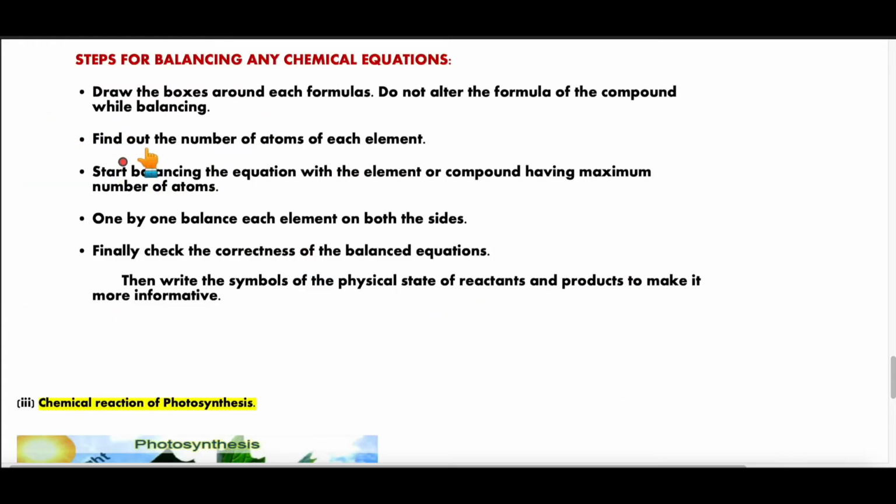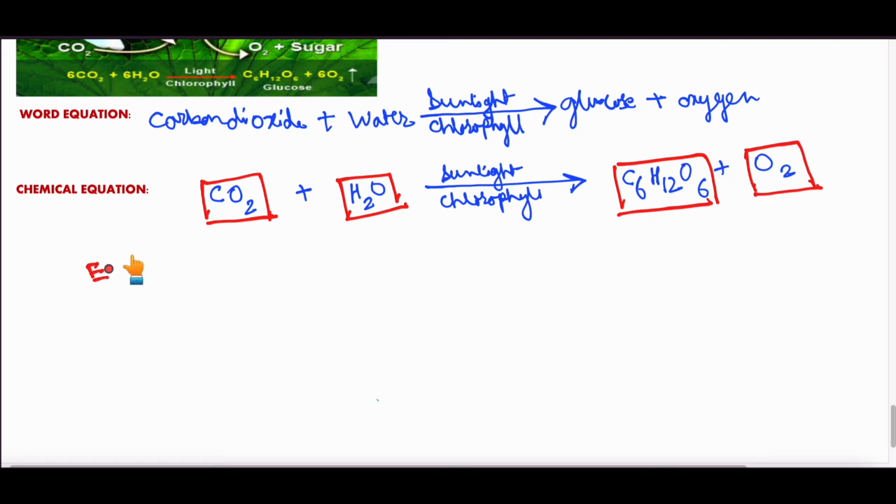Now the next step is to find out the number of atoms of each element. Now we will list down the names of all the elements present in the reaction. Here in this reaction we see that the elements are carbon, hydrogen and oxygen on both sides.